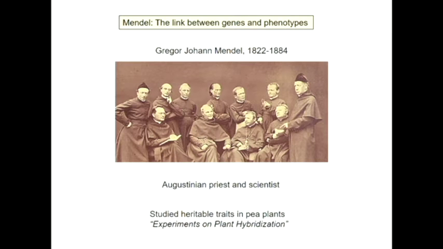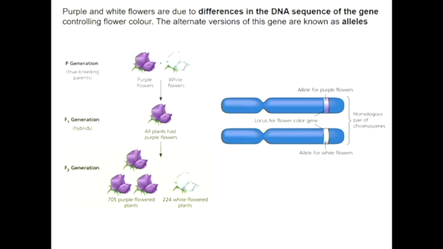So this is really where genetics started, way back in Mendel. And you've all heard about pea plants, probably started in high school, and probably heard it in first year university. What Mendel did was really show in his pea plant experiments the first laws of inheritance. If we look here, he had his pea plants.